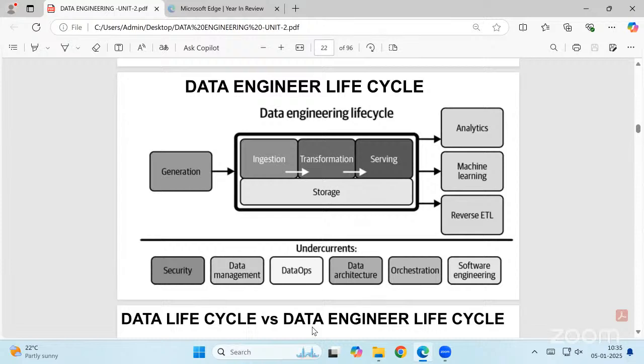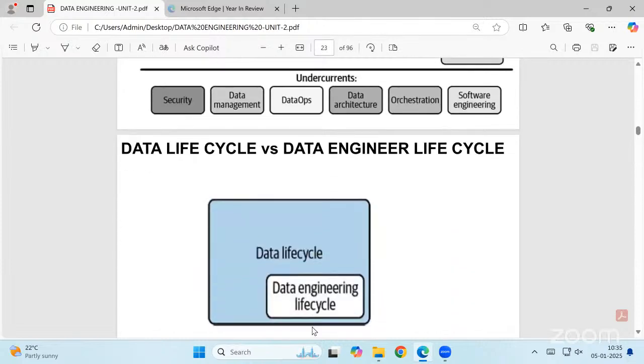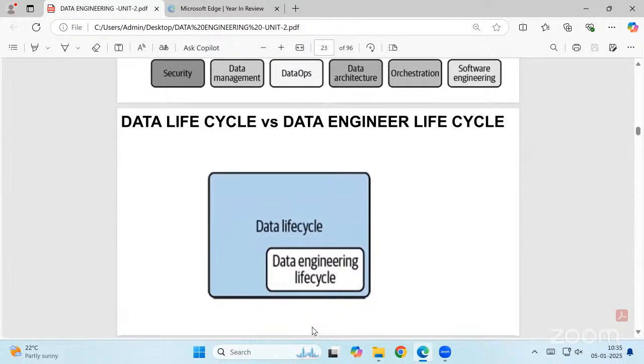Now, when you compare which one is superior, data engineering life cycle or data life cycle? Data life cycle is superior to the data engineering life cycle. The data engineering life cycle is a subset of the data life cycle. The data life cycle has 8 phases.